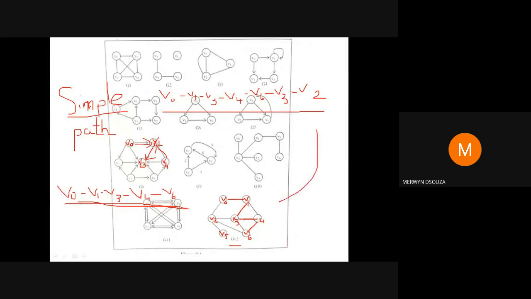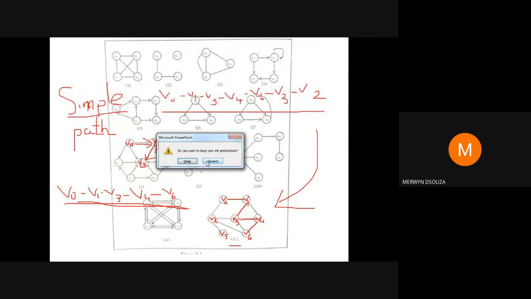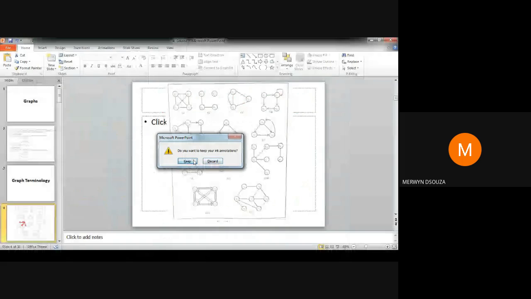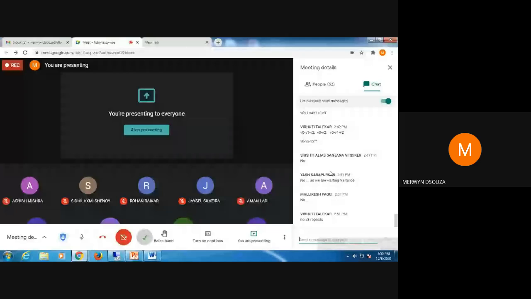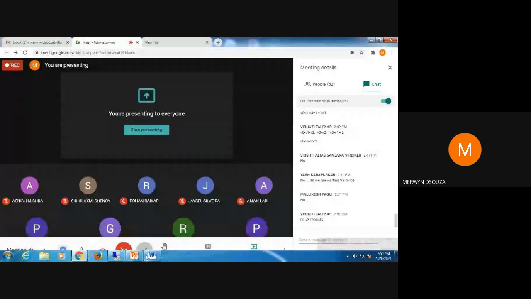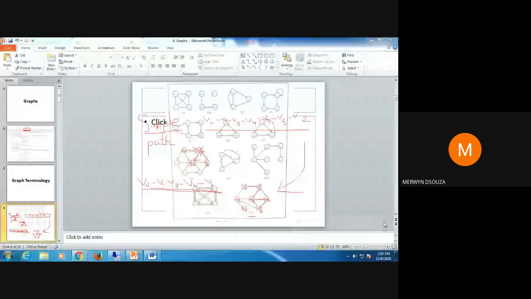In the same graph. No, correct, no, because V3 repeats, and I told you a simple path has no repetition of the vertices.